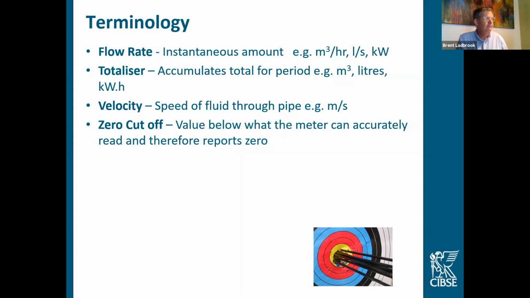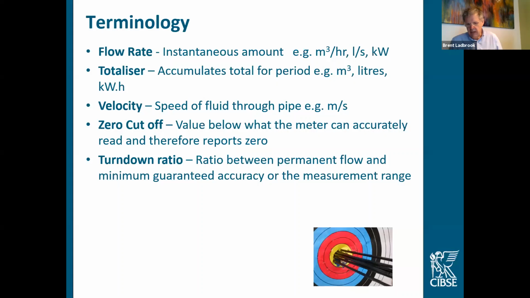So zero cutoff. Turn down ratio is kind of related to that. Turn down ratio is the ratio between the permanent flow rate and the minimum guaranteed accuracy. So every flow sensor, every measurement device typically has a maximum or a design flow rate and a minimum guaranteed accuracy. This is to do with the velocity of the liquid going through the pipe, and every flow sensor has this ratio.